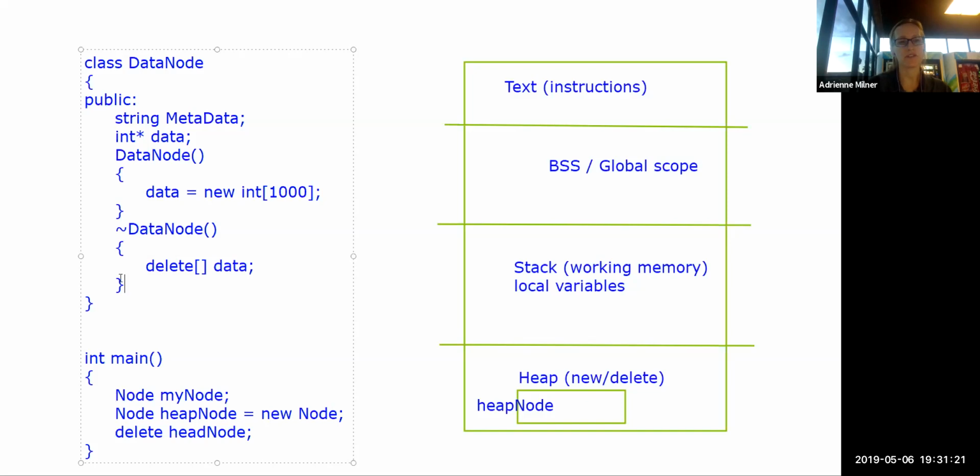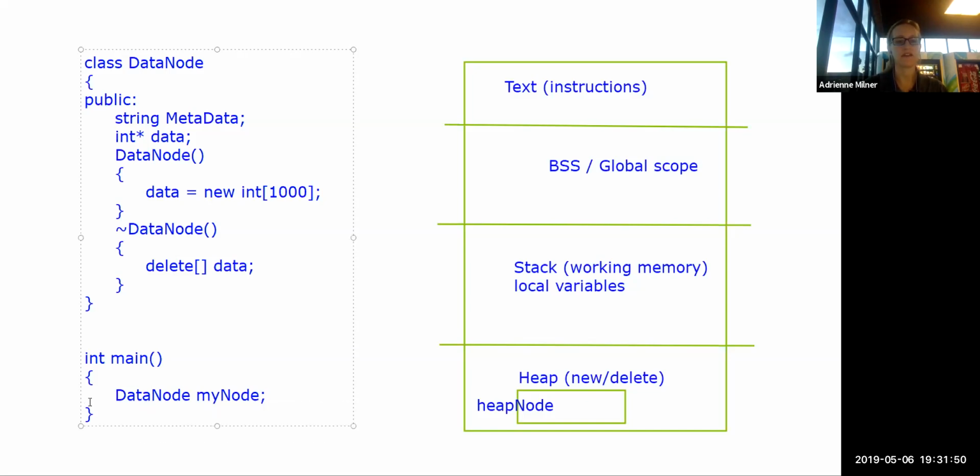And the nice thing about this is anytime the data node constructor is called, the data is going to be allocated appropriately. And anytime the data node destructor is called, it's going to delete the data. If I have a data node in my main that I have allocated as a local variable on the stack, the data node itself will be on the stack.